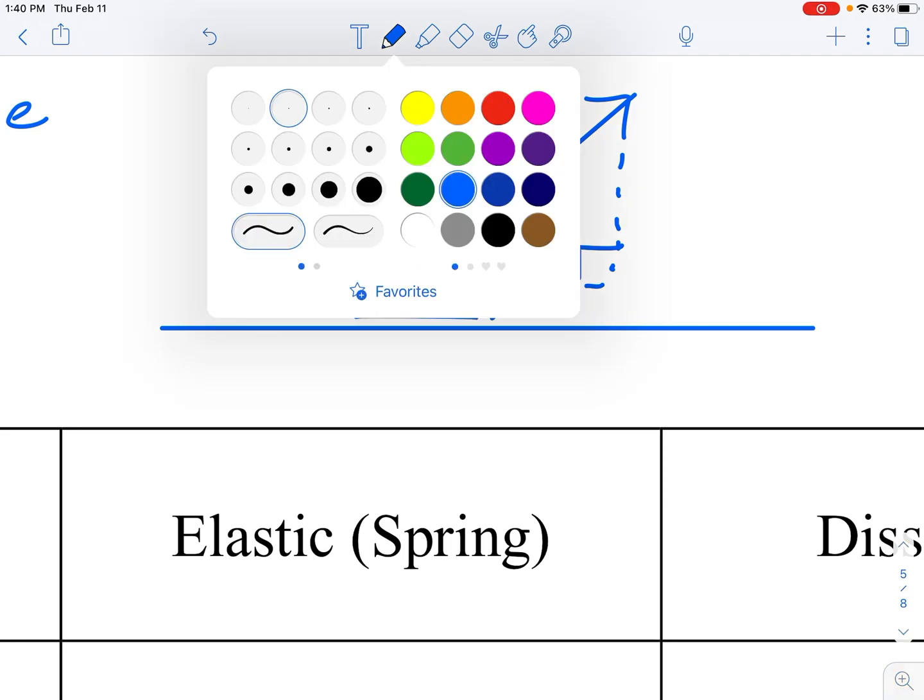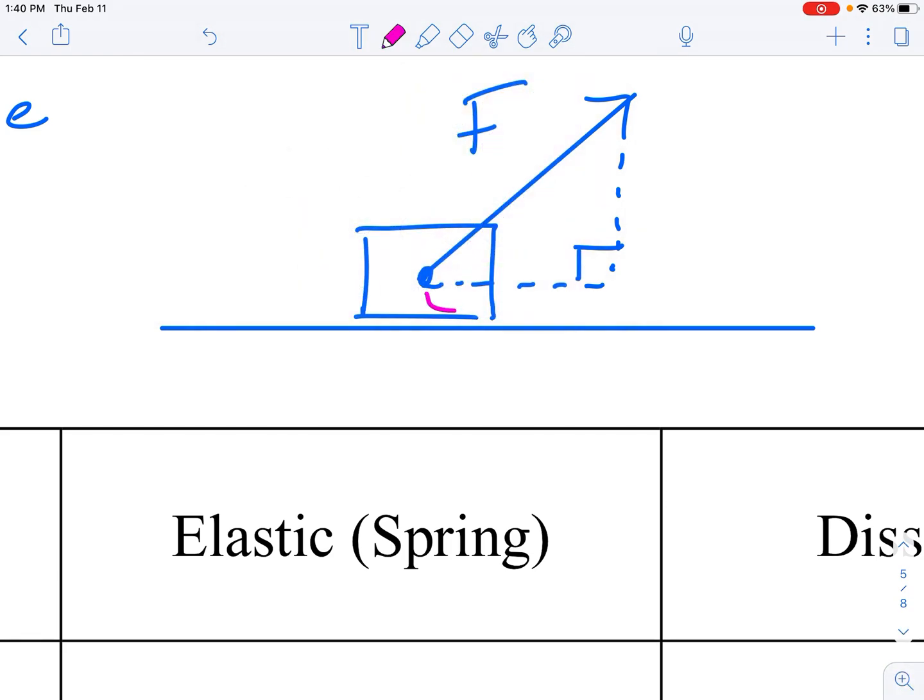The amount of work that it does is actually based on the horizontal component. And to compute that horizontal component, I would take F times the cosine of the angle. So again, only this horizontal component would count for doing work.